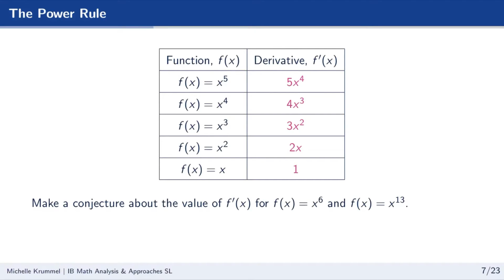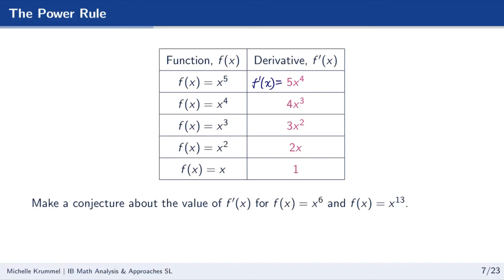The derivative of x to the 5th is 5x to the 4th. And while I'm thinking about it, let me share with you another notation. I don't know if we've seen this yet. If I want to indicate the derivative of x to the power 5, I certainly could say f prime of x.